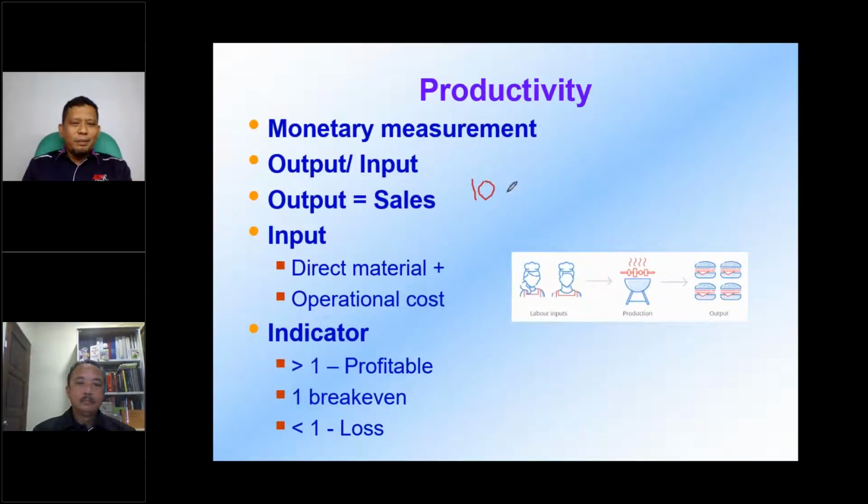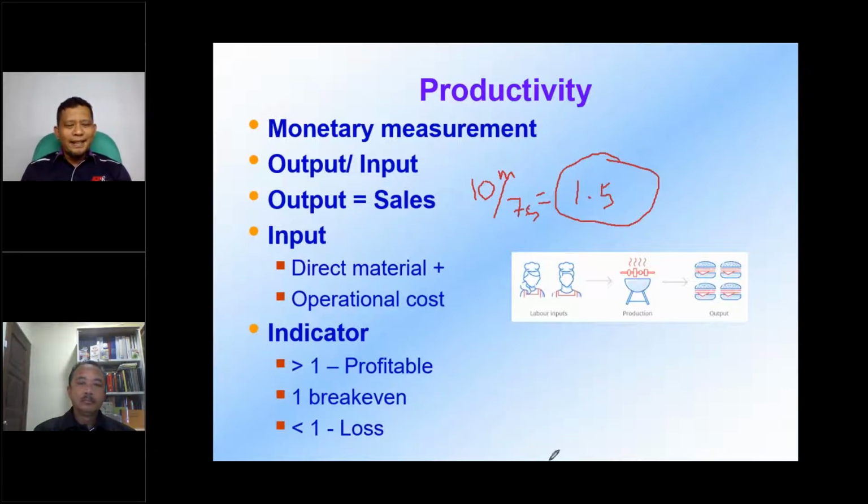And then your input cost, everything, is only maybe 7 million. So you get a result that is more than one. Maybe if I put 7.5, it's much easier. This one will be 1.5. So what is the meaning of 1.5? Even though we didn't show the value, the million or the RM, when we put it on the board, yes, our company has productivity 1.5.